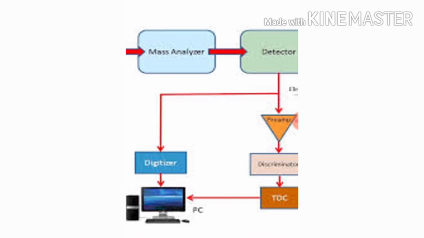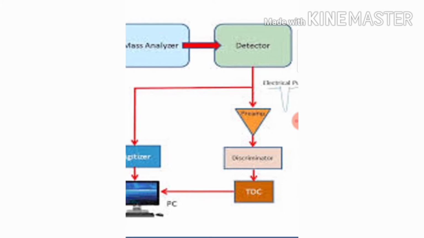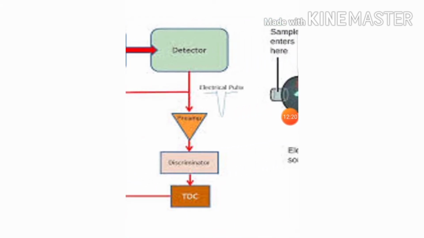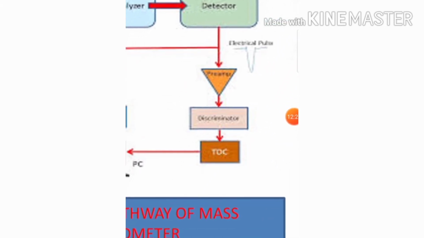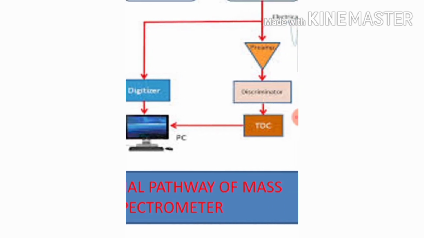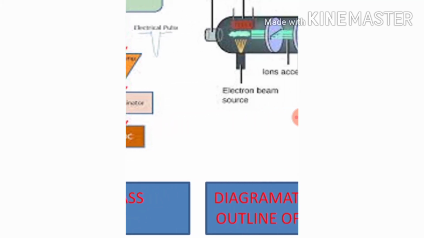And then we proceed to the detection unit. The same way we get the pattern of this mass spectra, and then with the help of software we analyze the molecular weight, the helical structure of that protein, and the function of that protein.